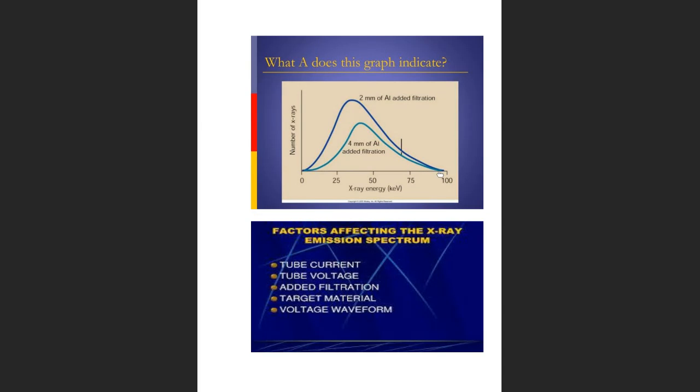We still have the same energy level because we didn't change kV, we just changed the filtration. So we got rid of a lot of low energy X-rays that just cause patient dose, and we made this a more homogeneous beam. So the energy is compacted in a shorter range, resulting in a higher energy beam, or a harder beam. Okay?